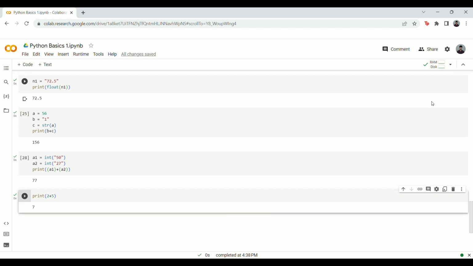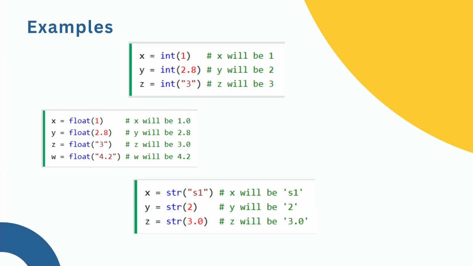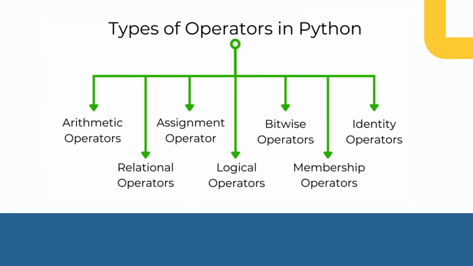Now we'll go ahead with the presentation. We just saw these examples and saw how typecasting is done in code form. Now the next thing on the agenda is the types of operators in Python. There are quite a few types, like arithmetic operators, relational operators, assignment operators, logical, bitwise, membership, and identity.